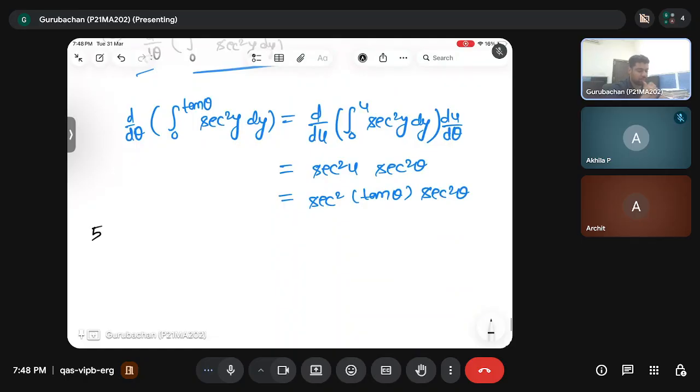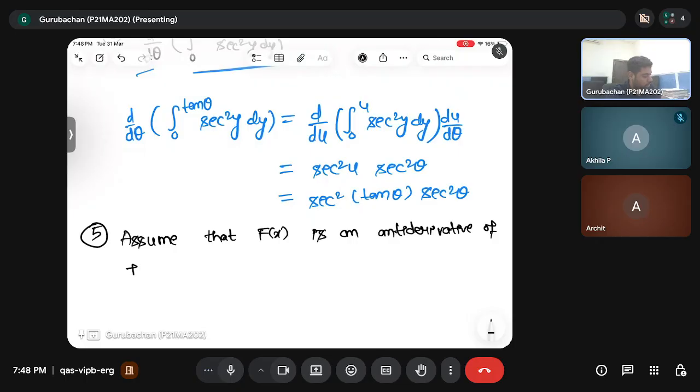This is somewhat different from the previous regular approaches. Assume that F(x) is an antiderivative of f of x equal to sin x divided by x when x is positive.